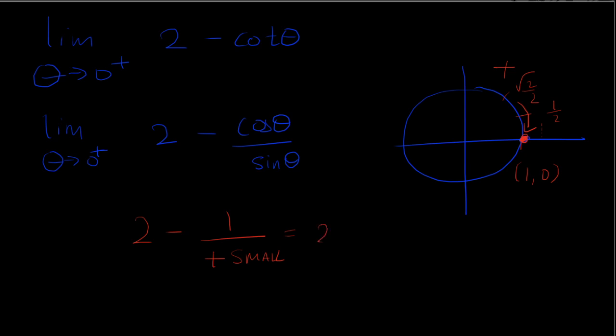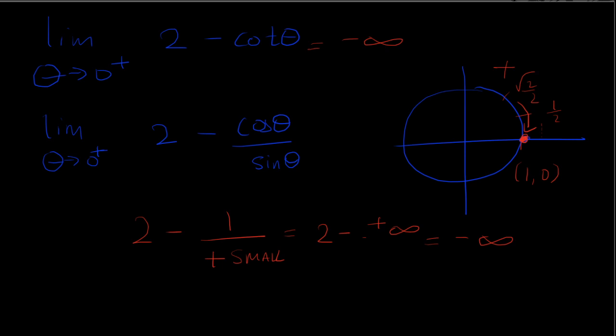So this is 2 minus a positive number, right? Because 1 is positive divided by positive is positive. And 1 over a small number will go towards infinity. So it'll go towards positive infinity. And then you'll have 2 minus a really big positive number that will also go to negative infinity. So the limit here should just be negative infinity.